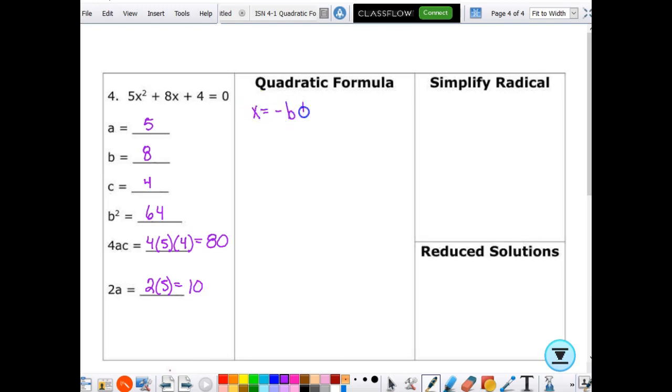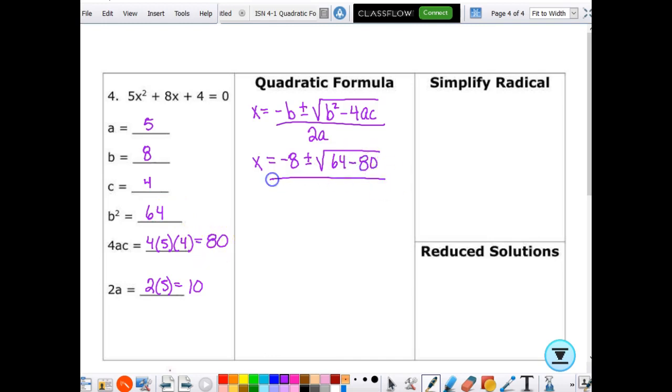X equals negative b plus or minus the square root of b squared minus 4ac over 2a. So x equals, okay, I need the opposite of what I have for b. So I have an 8, I need an opposite, negative 8. Okay, b squared is 64 minus 4ac over 2a. 2a is 10.